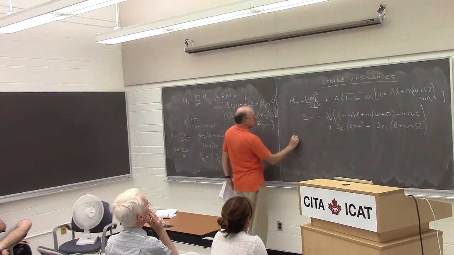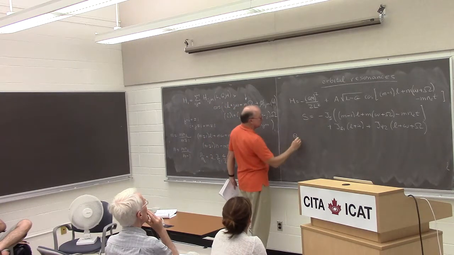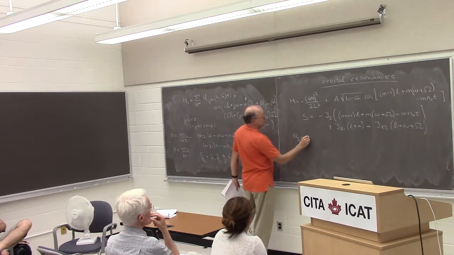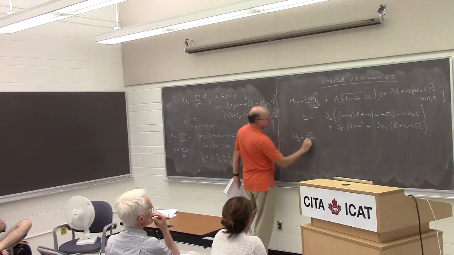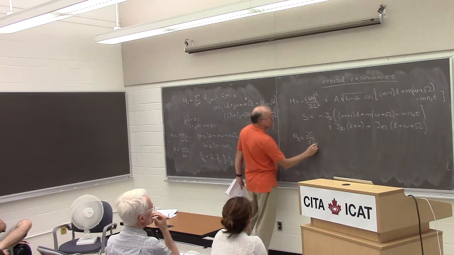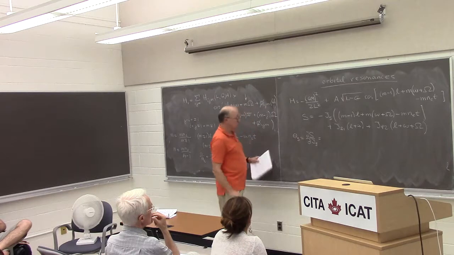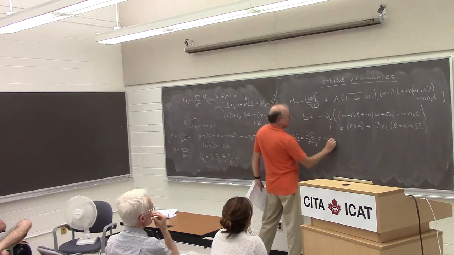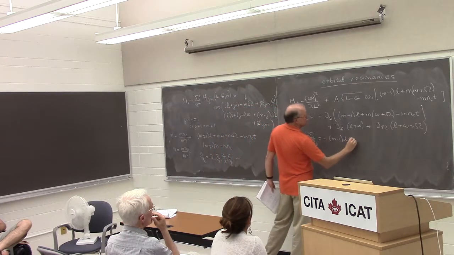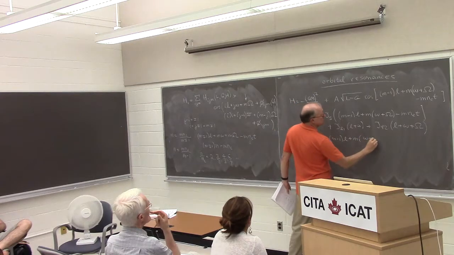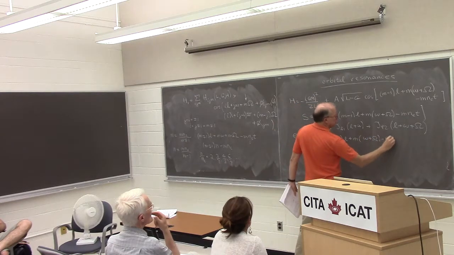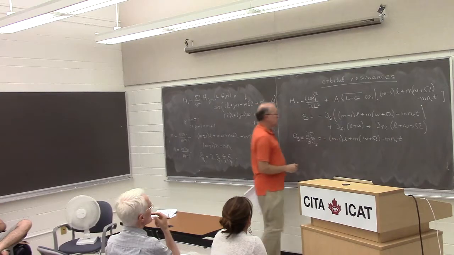The new angle, for example, the one corresponding to this momentum, is given by the derivative of the generating function with respect to the new momentum. So it's minus (m minus 1)λ plus mω plus capital Ω minus m in CT.